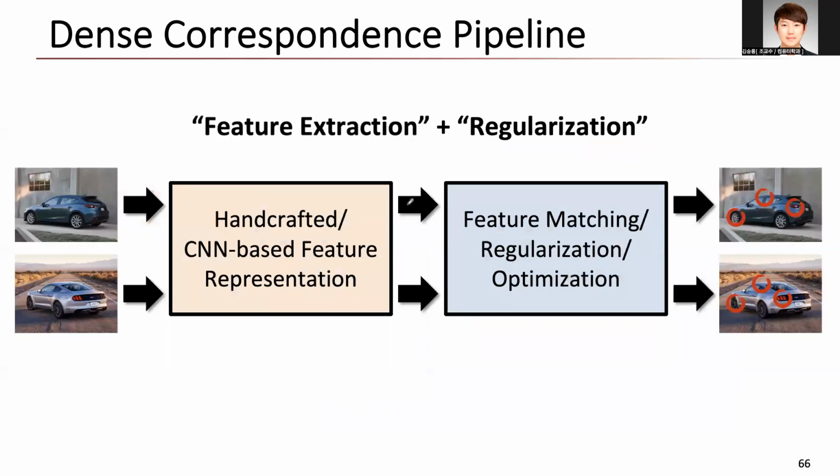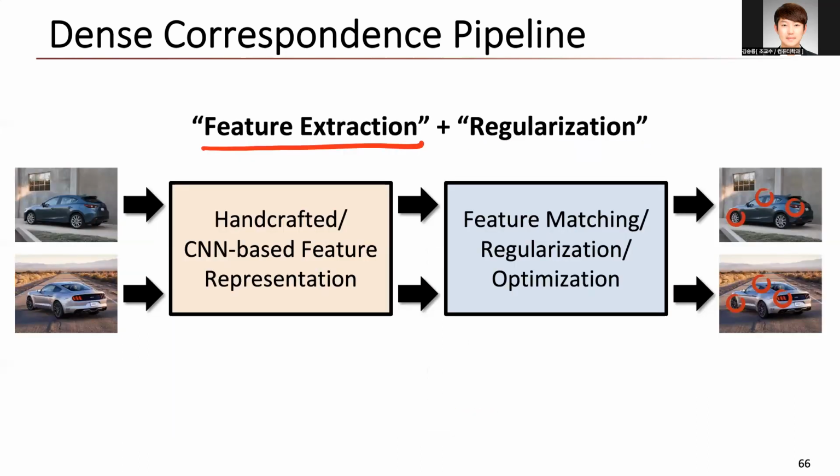So even though any kind of dense correspondence method can be developed, most methods fall into this categorization, and most papers should be described in terms of feature extraction and regularization.